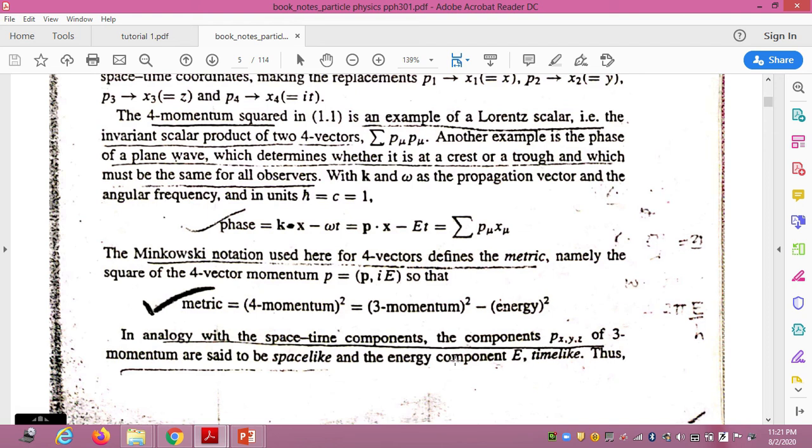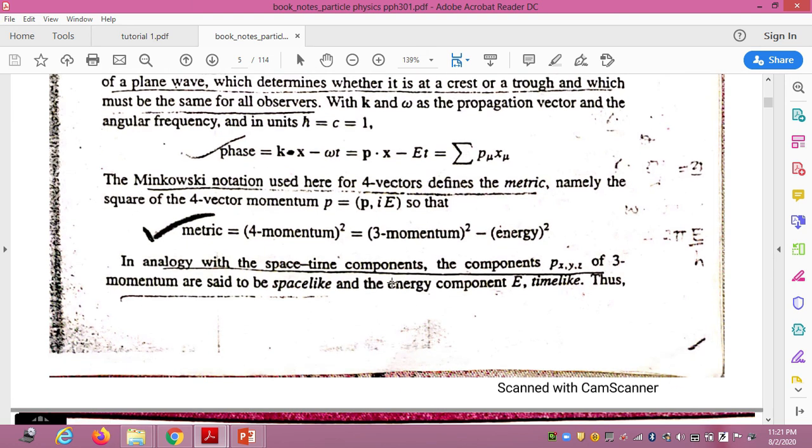That is very true. I just told you that even if we are calling the momentum a 4 vector, there are 3 space-like components and 1 time-like component. The time-like component is associated with the energy and the space-like components are associated with the momentum.